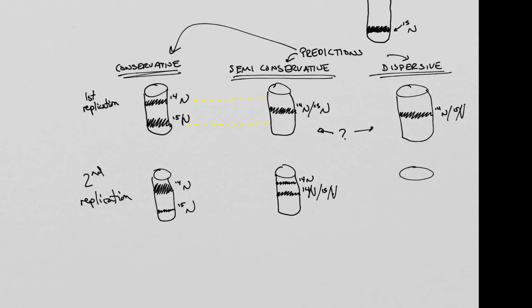And then in dispersive, since all of our DNA is a mix, we're just going to see a line right here in the nitrogen 14 and nitrogen 15. Now we have some real differences here.